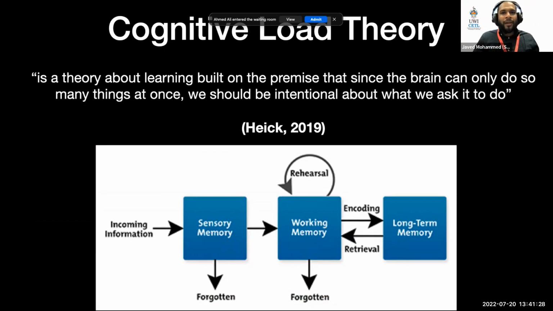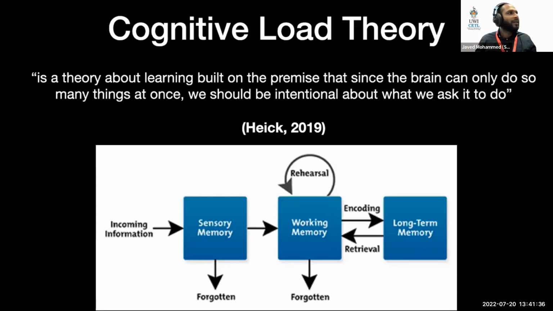So if we keep this in mind when we design our materials, we would know that the human brain, the mind, can only absorb a certain amount of information at any given point in time. And we know this because we ourselves, when we explore new information or when we do our research, for example, going to YouTube to learn how to change the tires on a car, or learn how to clean your stove or your microwave, you're looking for the shortest video.